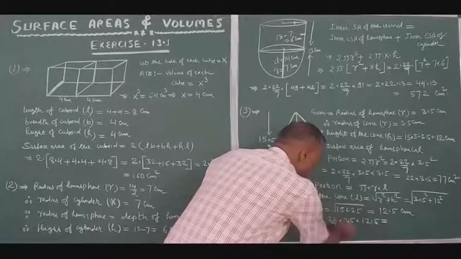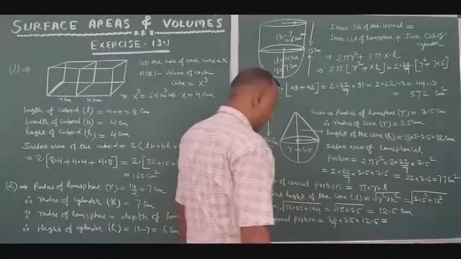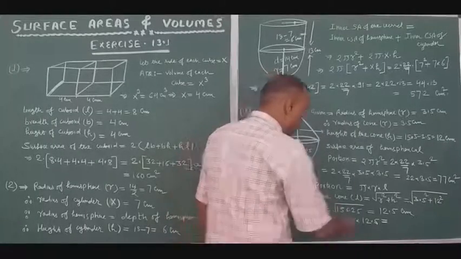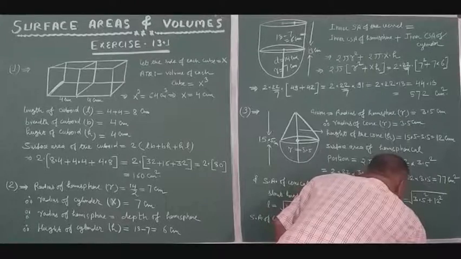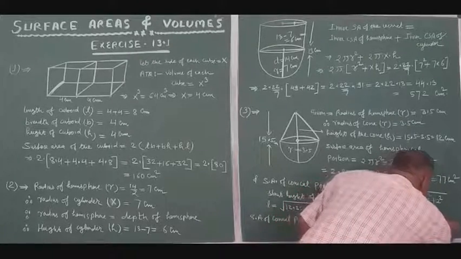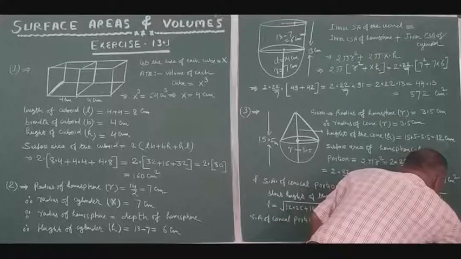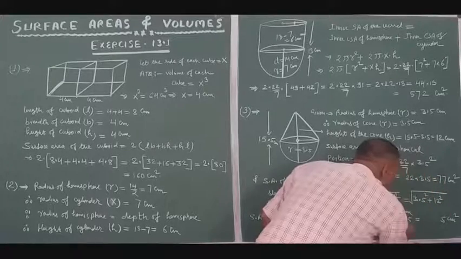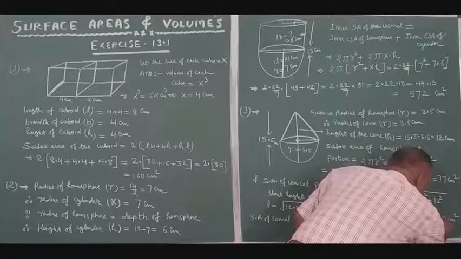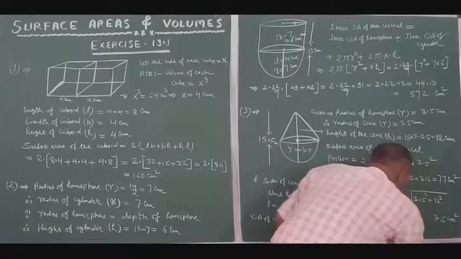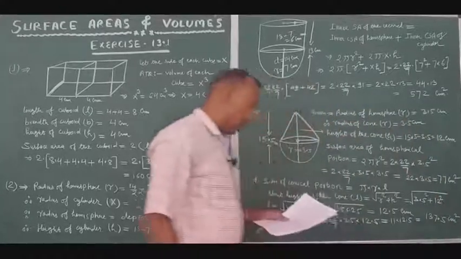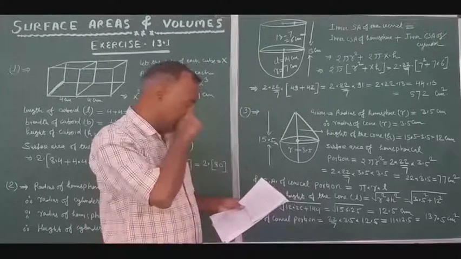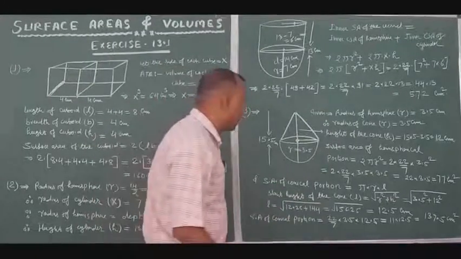The 7 into 0.5, okay, 11 into 12.5. It will become 11 × 12.5, which is 137.5 centimeter square.